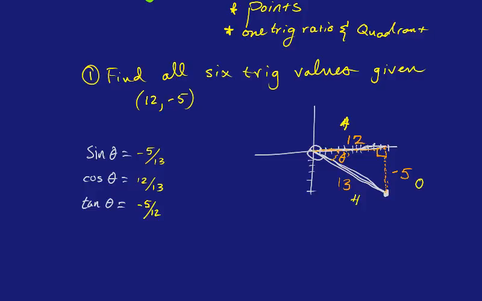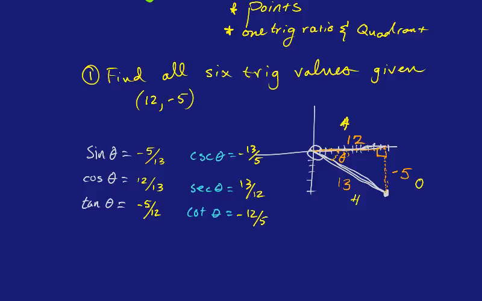Now you're going to go from there and do cosecant, secant, and cotangent. So then, flip it: -13 over 5, 13 over 12, and -12 over 5. Hopefully that makes sense.